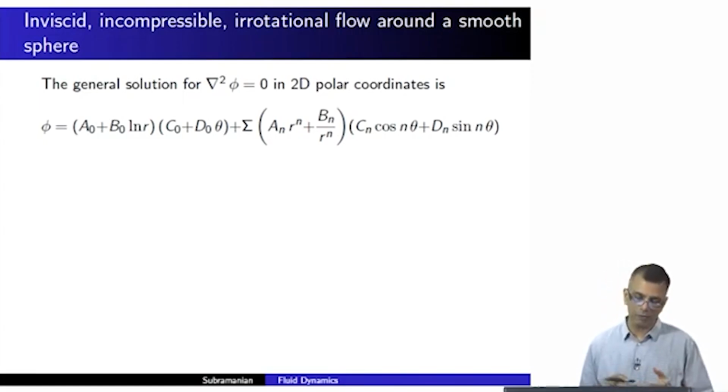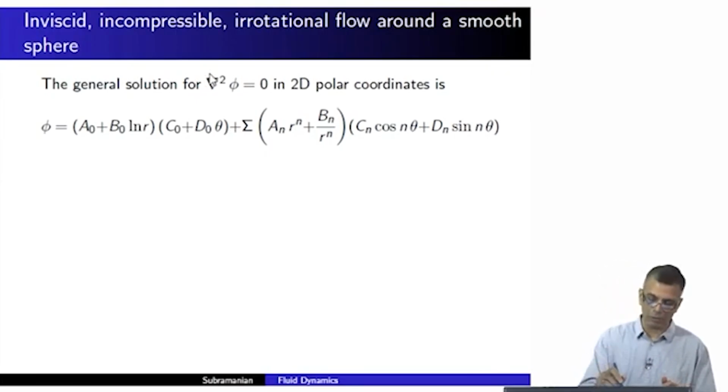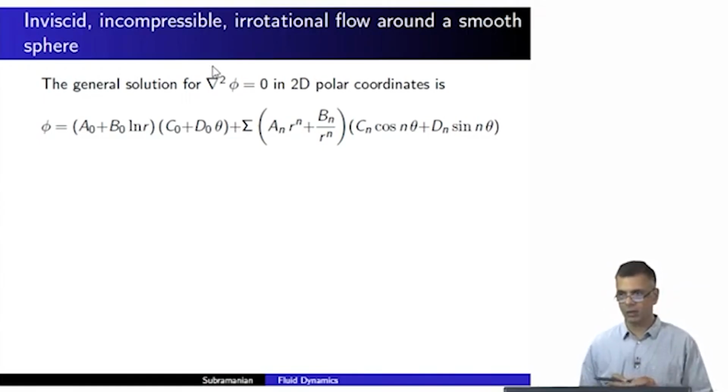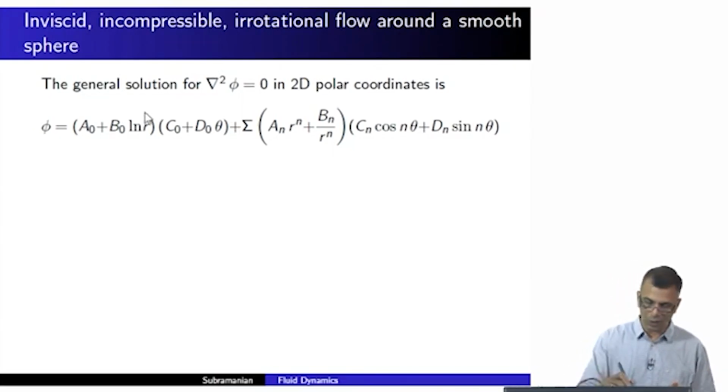It simply follows from the definition of del square in 2D polar coordinates. This follows from Legendre polynomials. It's really a Legendre polynomial; these are Y_lm's, and you can see only two variables here, the r and the theta.